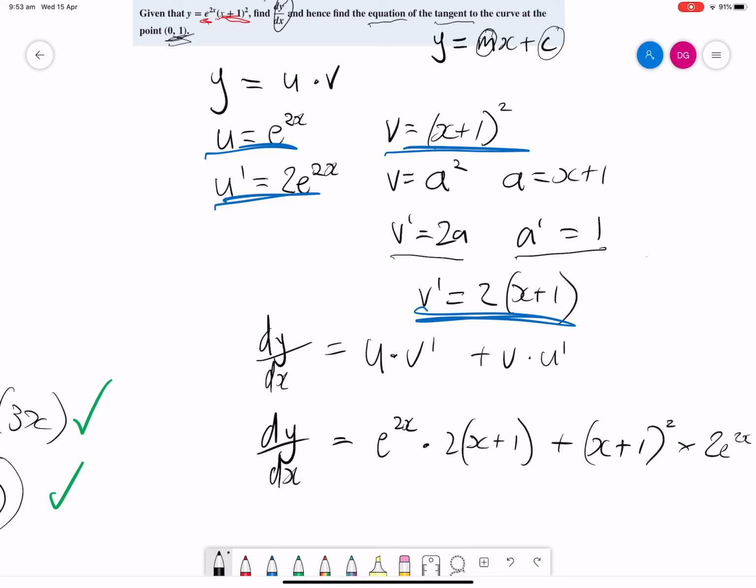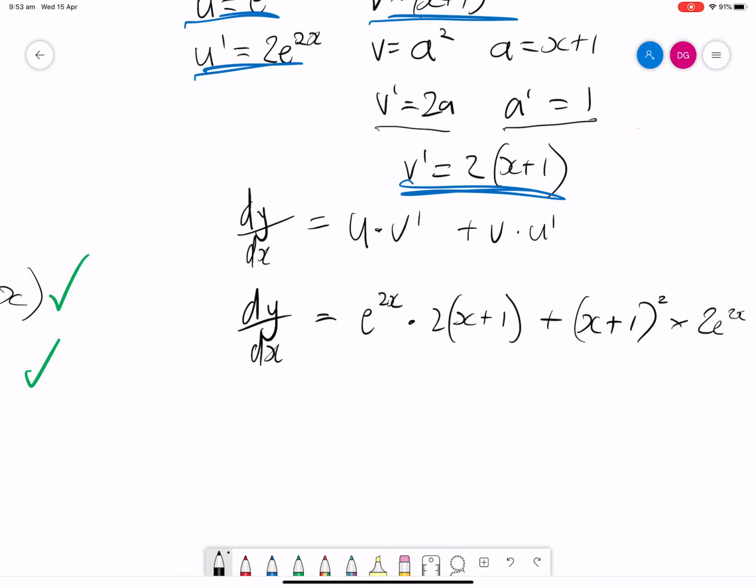Okay, so now it's just a matter of further evaluating that. So we'll have, therefore, that equals 2e to the power of 2x times x plus 1 plus 2e to the power of 2x times x plus 1 squared.